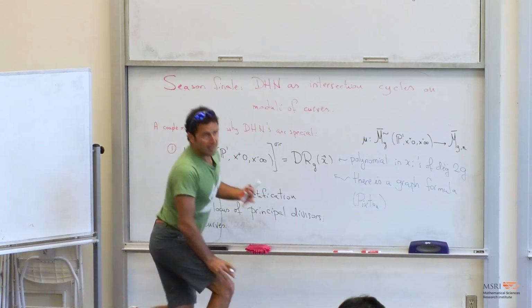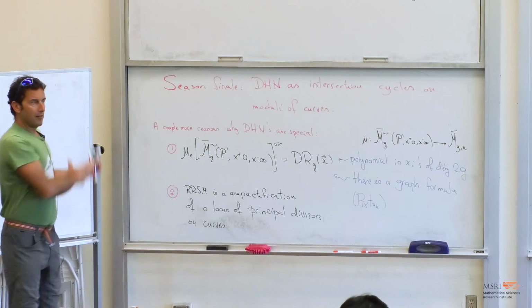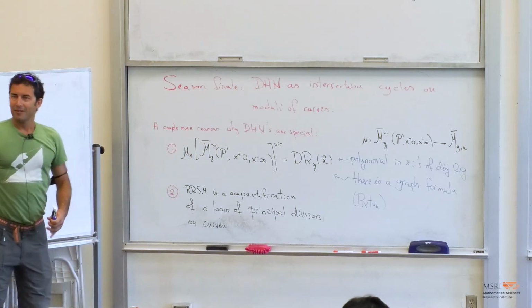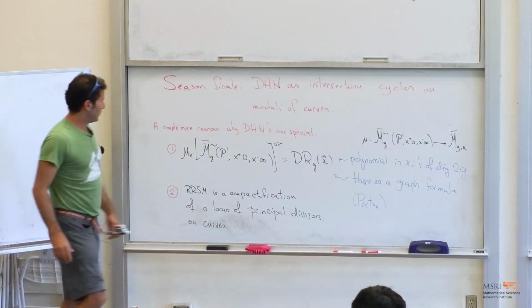Okay. Which in a sense means that there is a connection between double Hurwitz numbers and the theory of Jacobians and a whole other party town in algebraic geometry. Okay? Cool.